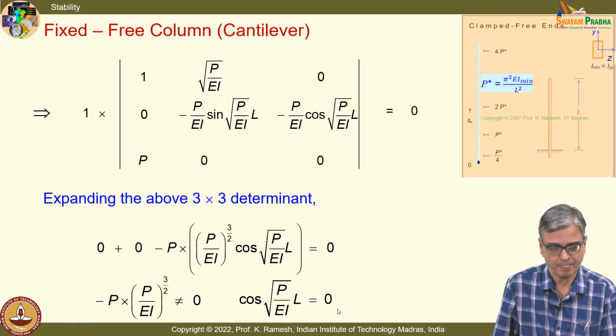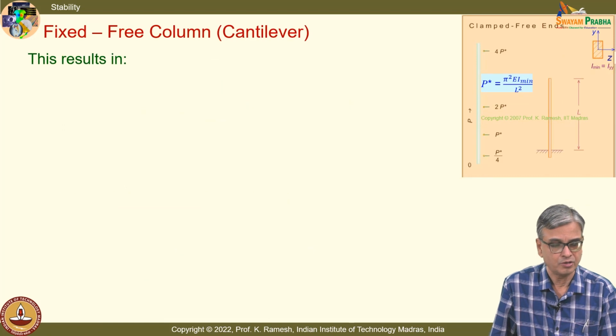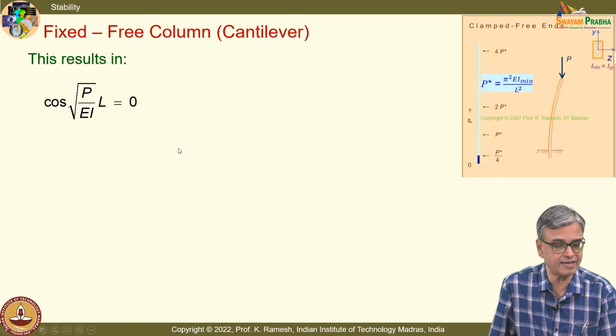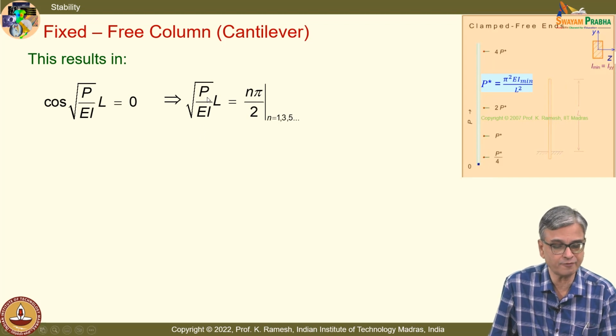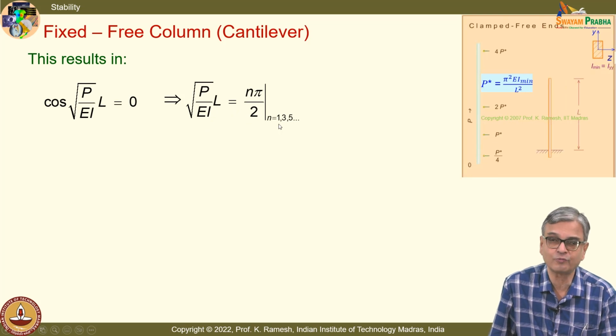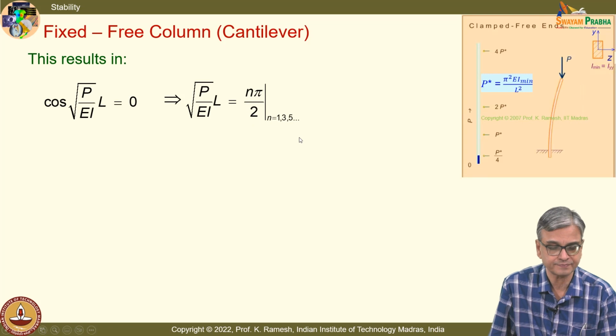Fine. So, you have this, and this is again a multi-valued problem. Okay. Any inverse you will have multiple values. So, this says square root of P by EI multiplied by L can take the value n pi by 2, n goes from 1, 3, 5 and so on.